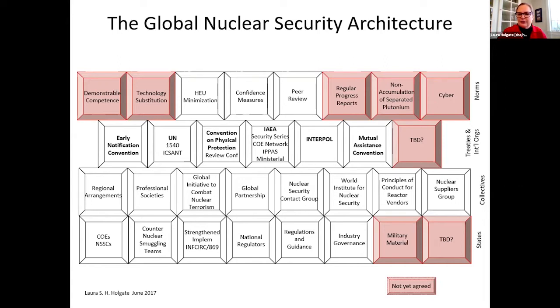Also at the national level are organizations and activities related to protecting borders and countering nuclear smuggling, which are more law enforcement activities. So one of the other pieces that are illustrated by this chart is the diversity of the communities that are involved in the work represented by each of these building blocks in the wall, if you will, of the architecture.